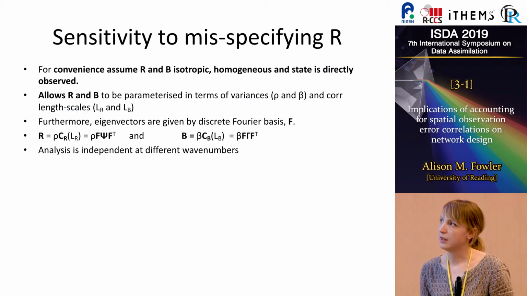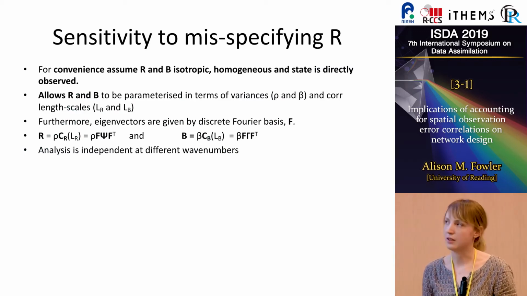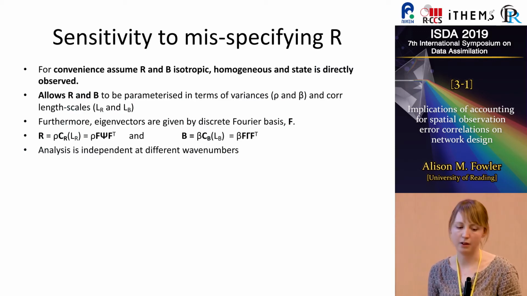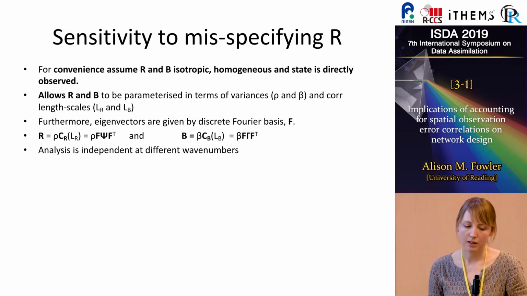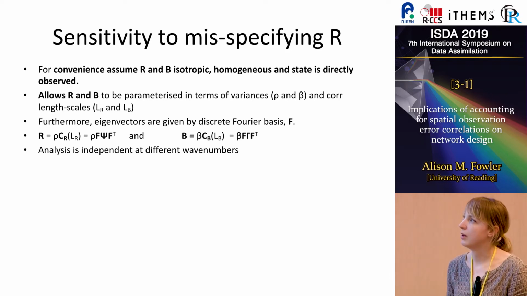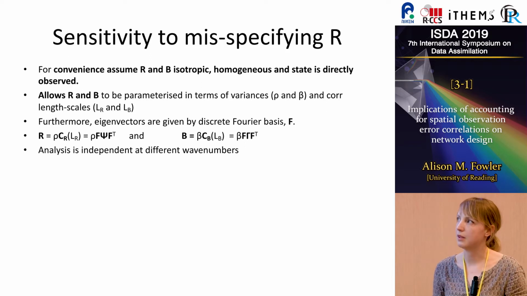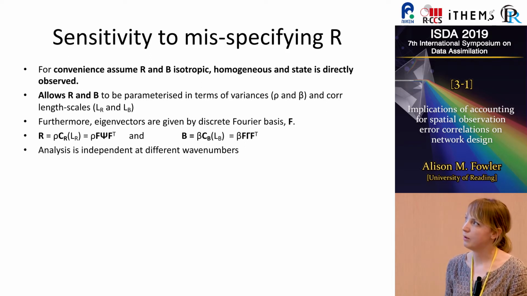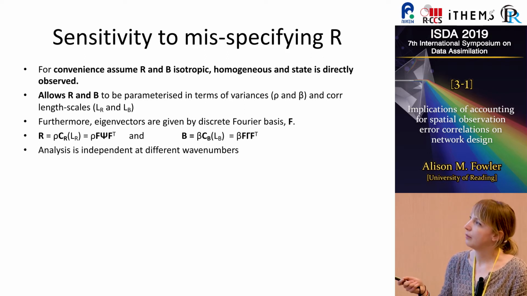So the next thing is to understand how these two metrics are sensitive to misspecifying the R matrix. So to look at this, I'm going to assume that my R and B matrices both represent errors which are isotropic, homogeneous, and a state that's directly observed. So this allows me to parameterize these two matrices.